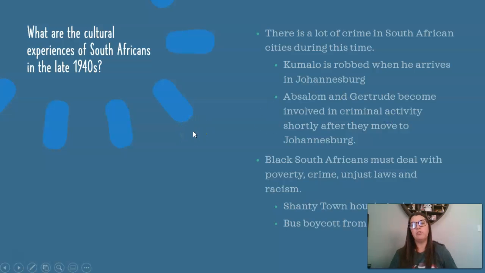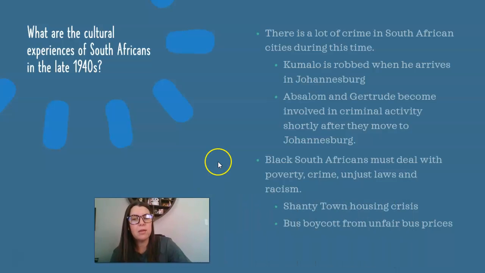So what are the cultural experiences of South Africans in the late 1940s? Again, this is something we'll be talking about quite a bit in CC on Tuesday. But some important things to know, there's a lot of crime in South Africa during this time. Kumalo is robbed when he first arrives in Johannesburg, and Absalom and Gertrude become involved in criminal activity very quickly after they move to Johannesburg.